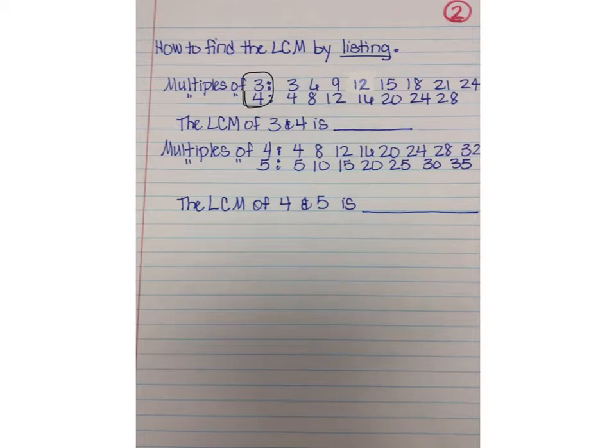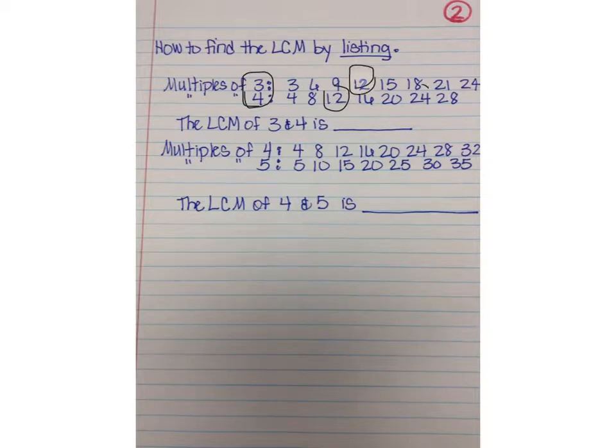So the multiples of 3 are 3, 6, 9, 12, 15, 18, 21, 24, sorry. Multiples of 4, then you list all those out. And then you look for the common ones. So the common ones, we have a 12 here and a 12 here.